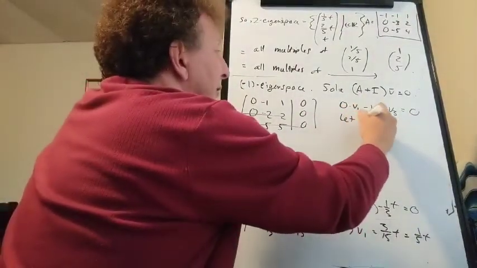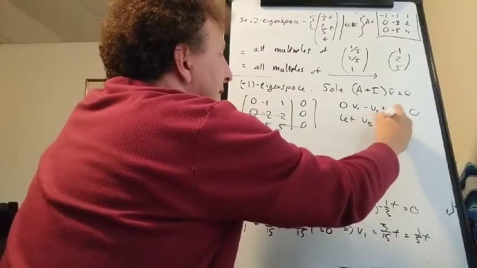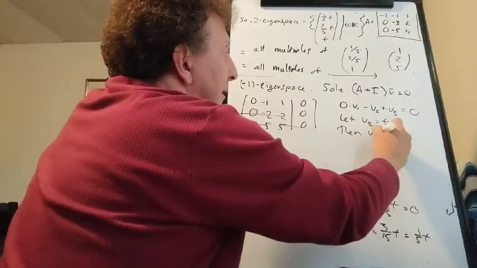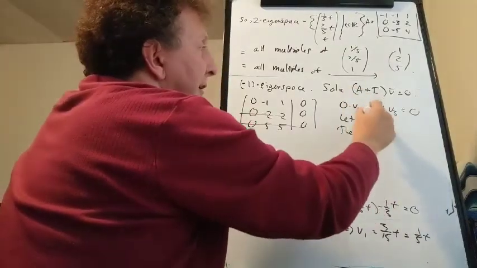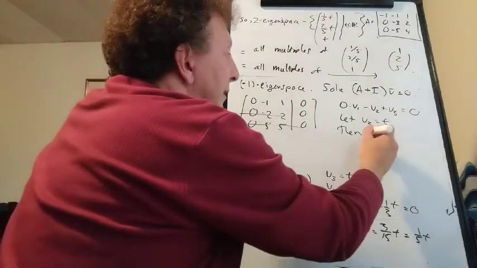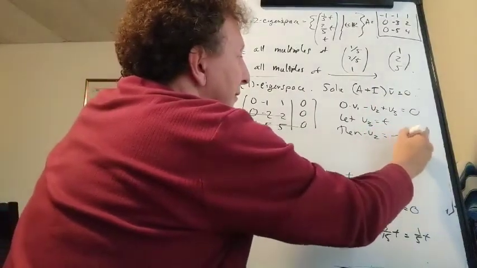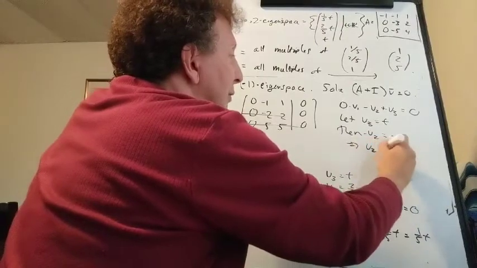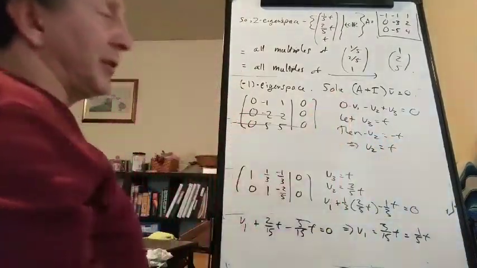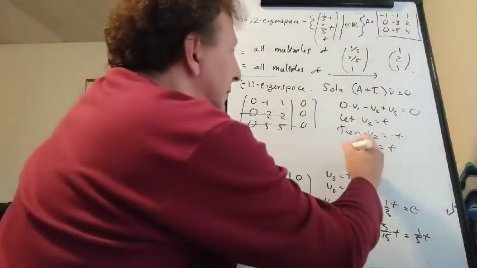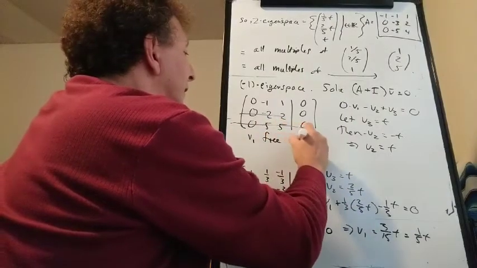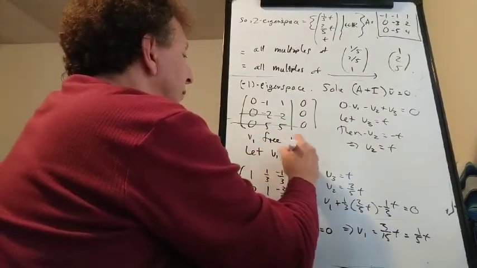So v3 is free. Let's let that be t. Then this is 0, so we just have negative v2 plus t equals 0. So negative v2 equals negative t, which means that v2 equals t also. And then since v1 is getting multiplied by 0, that's free. That could be anything. So let's let v1 be s.